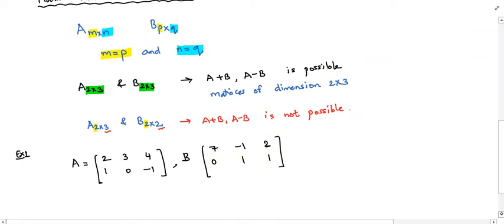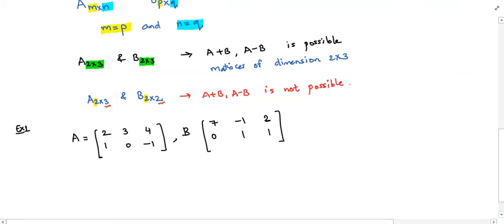First of all, we should check whether it is possible to add the two matrices or not. A is a 2 by 3 matrix because it has 2 rows and 3 columns. Similarly, B is also a 2 by 3 matrix. So it is possible to add them. When you add them, you will get a matrix of the same dimension, so it will again be a matrix of order 2 by 3, with 3 columns and 2 rows.